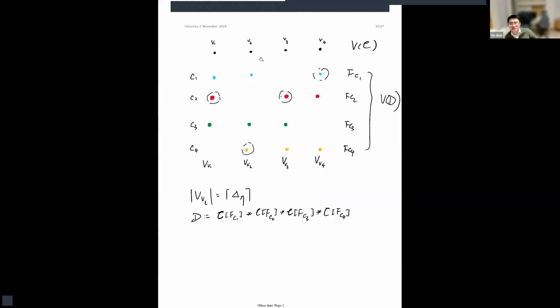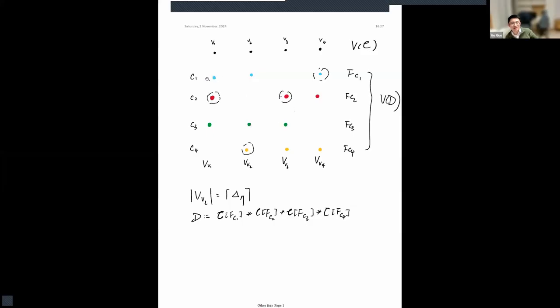So assume here are the vertices of your complex C, v1 up to v4. And each vertex receives some colors. For example, this vertex v1 receives color 1, color 2, and color 3. For vertex v2, the color list is just color 1, color 2, and color 4, and so on and so forth.